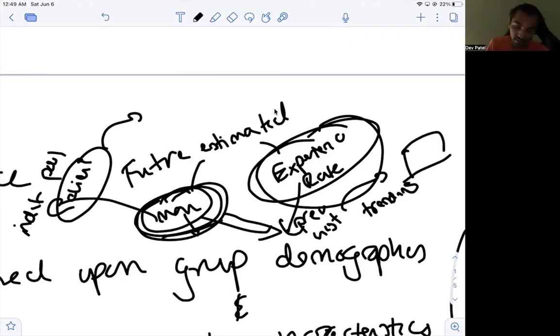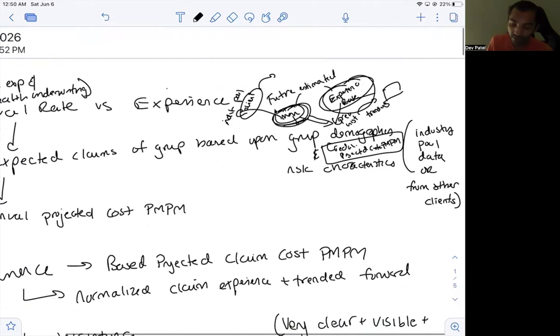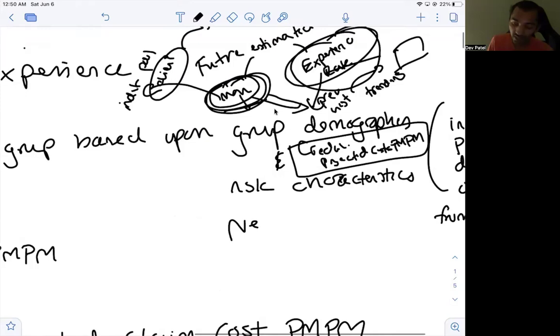And so you have this blending, a weighted average of manual and experience rates, to get to your credibility weighted final projected costs PMPM, which is the amount that it would take the insurer to insure one member per month, in projection of their costs, and that is your net premium.